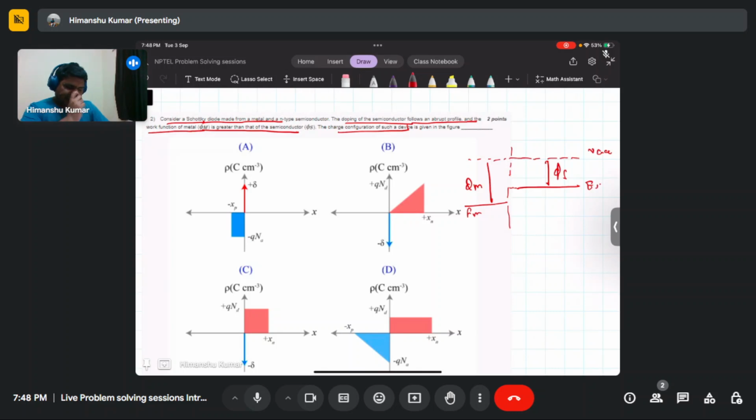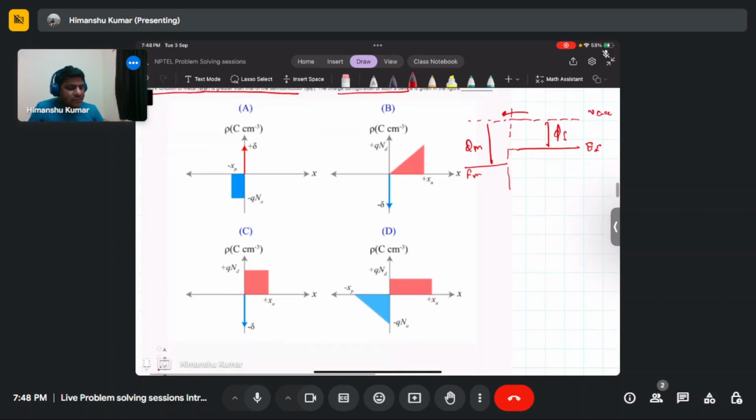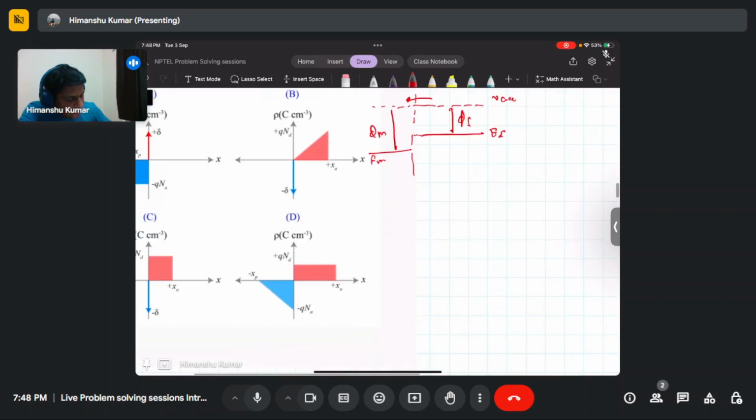Now, in the semiconductor the Fermi level is lying at a higher energy, so there will be a flow of electrons until the Fermi levels align. If you draw the equilibrium band diagram, it will look like this, and this is the Fermi level.